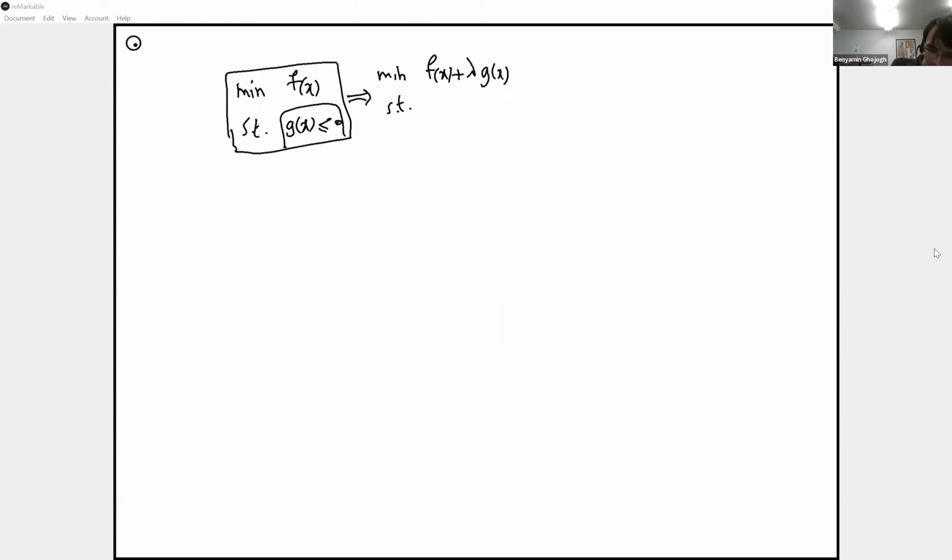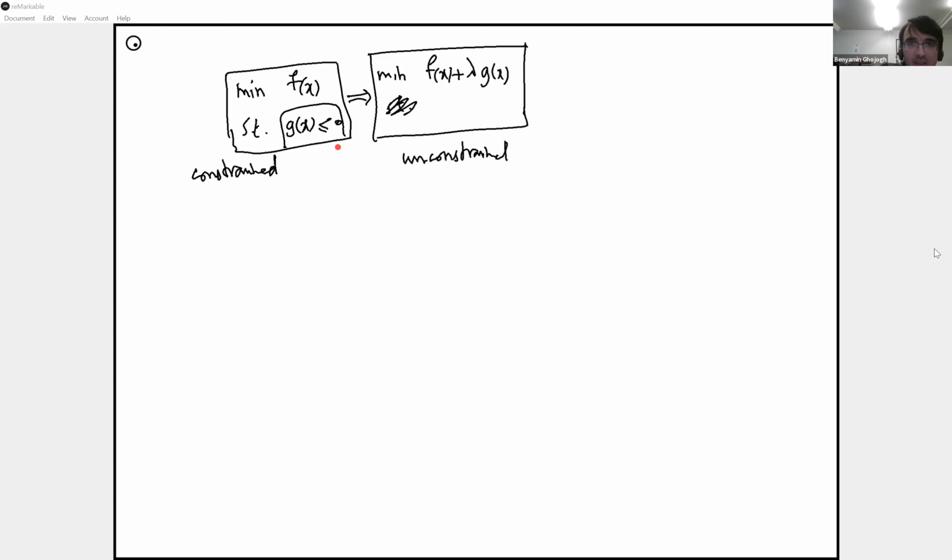Okay. So we have a constrained optimization problem. A good technique, in order to make it unconstrained, because solving unconstrained optimization is much easier, is adding this constraint as a regularization term.